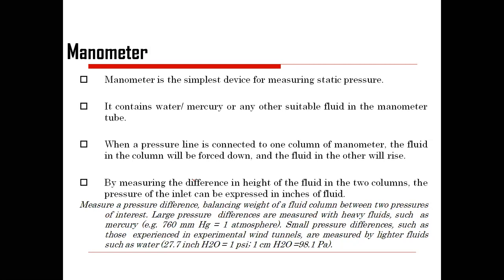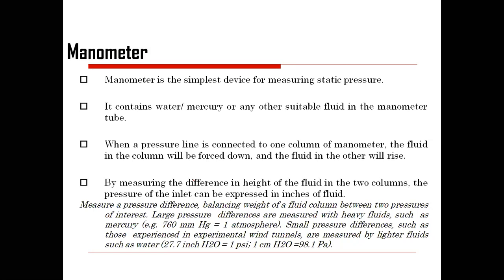For the smaller pressure difference, like as we are conducting the experiments normally, or tube level which we are determining in the construction line also, those experiments in the wind tunnel are measured by a lighter fluid such as water, and water is having the pressure of 27.7 inches H2O.